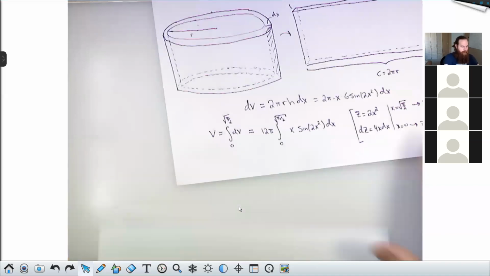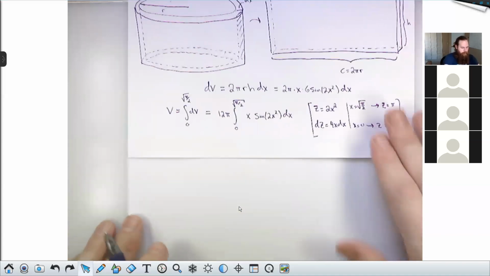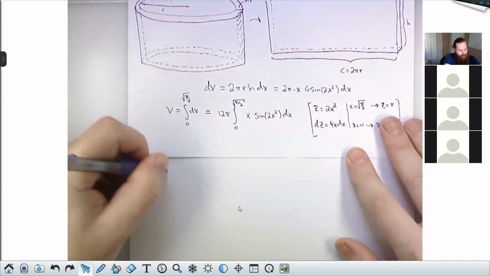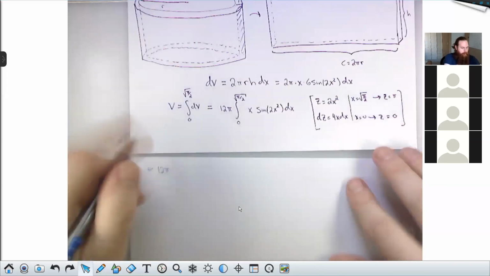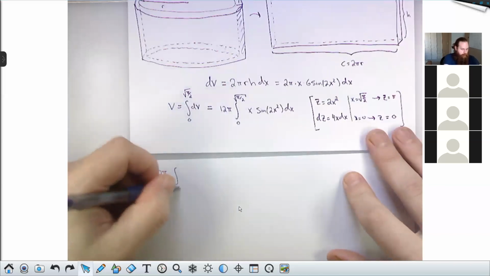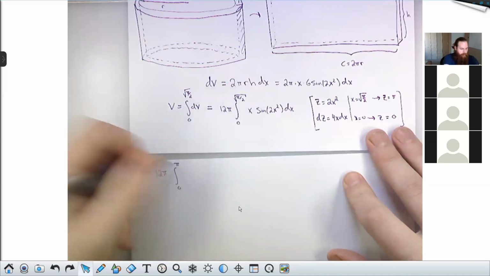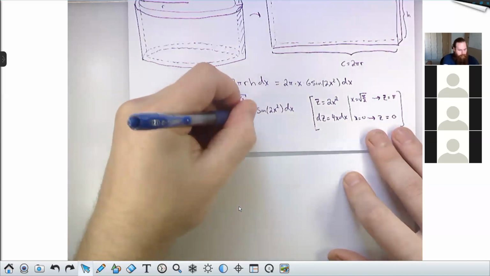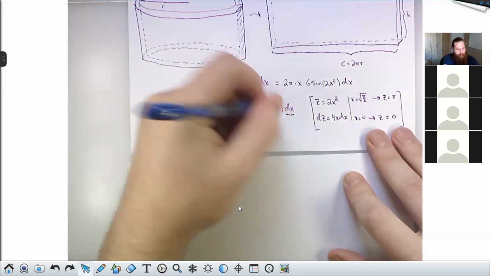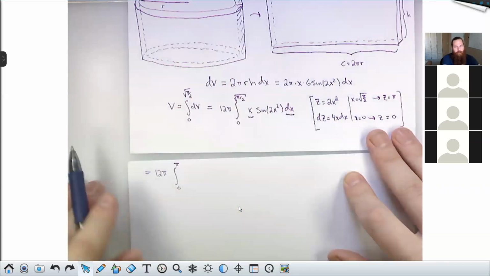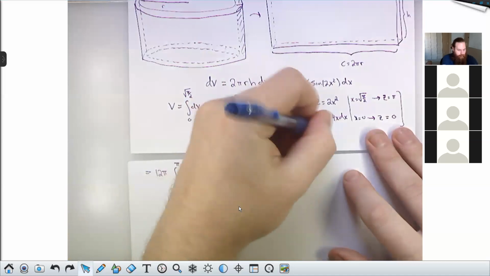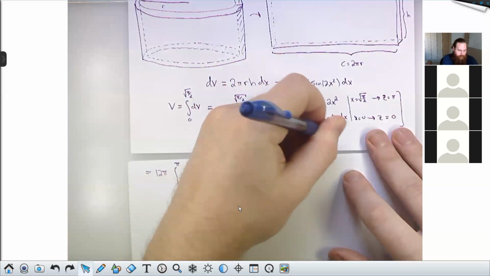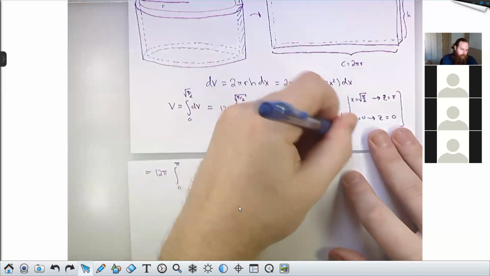And then we can go ahead and do the integral. So I still have my 12 pi out front. My new integral is going to run from 0 to pi. This x times dx, this piece here, is what makes up most of my differential. 1/4 dz is equal to x dx.